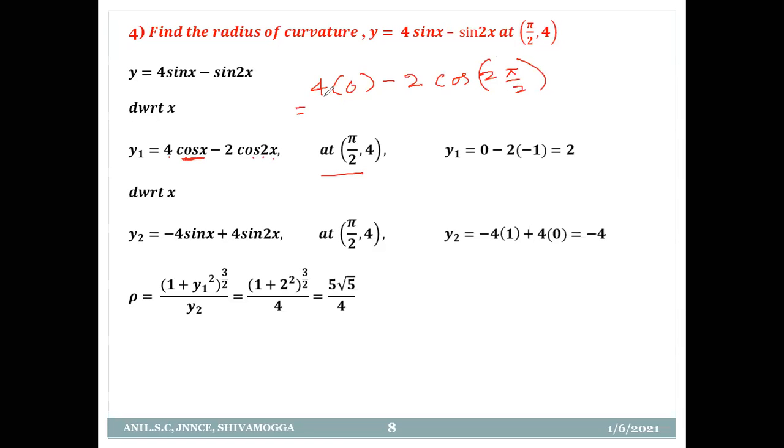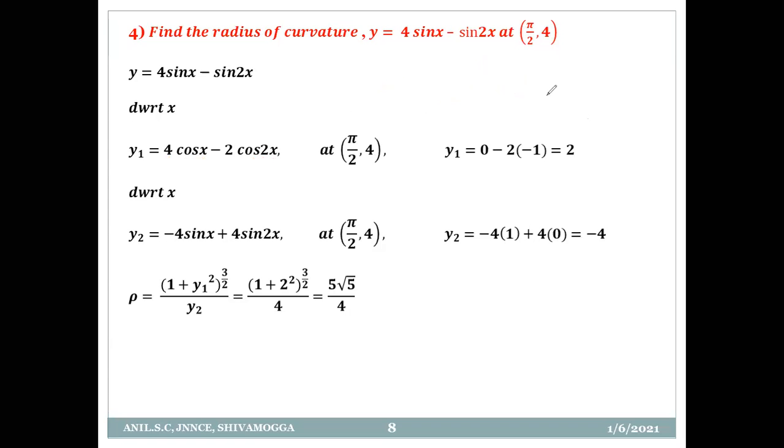This is equal to 4 into 0 is 0, minus 2 into, cancel this 2 with this 2, cos pi. Cos pi is minus 1. Minus 1 into minus 2 is plus 2. Therefore, y1 is equal to 2. Now we find y2.